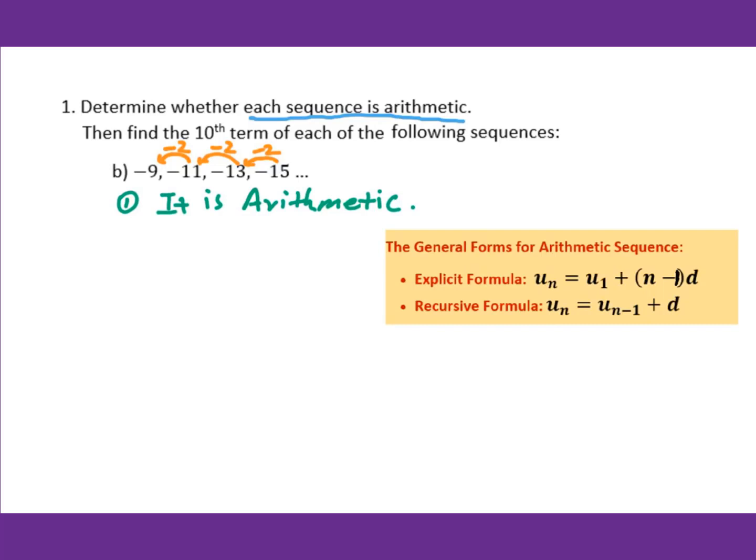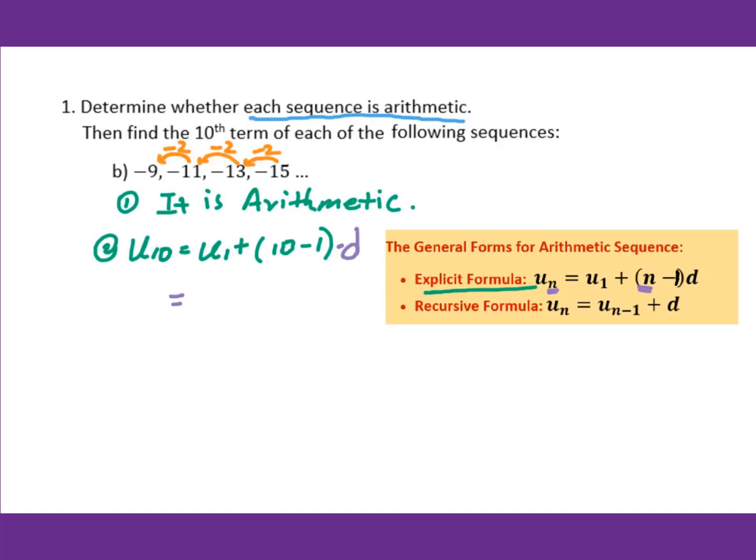Then use the explicit formula to figure out the 10th term. U sub 10 equals the first term plus 10 minus 1. Change every n into 10. Then times d.